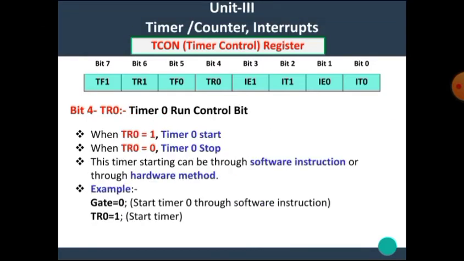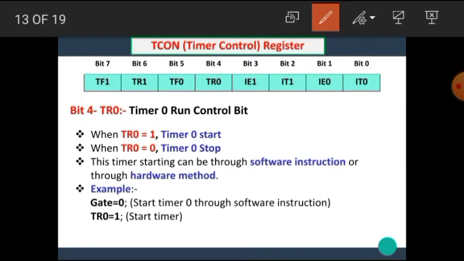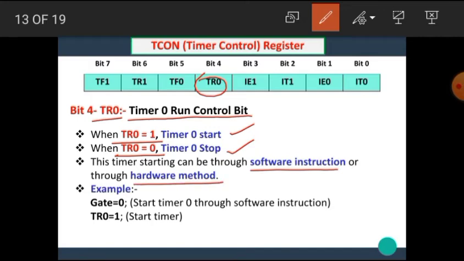The next bit is bit number 4, TR0. It is known as the timer 0 run control bit. When TR0 is equal to 1, timer 0 starts. When TR0 is equal to 0, timer 0 stops. Starting the timer can be done through a software instruction or through the hardware method.